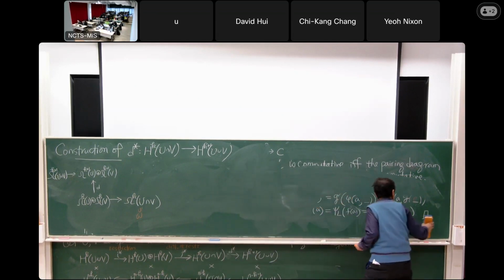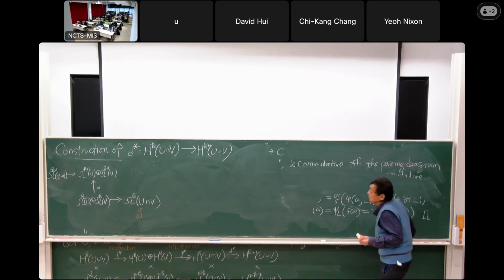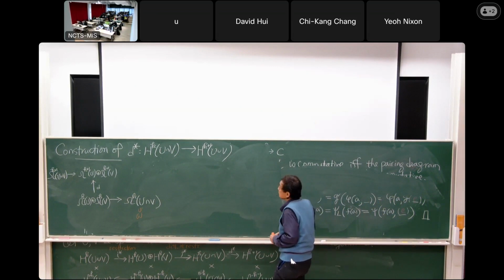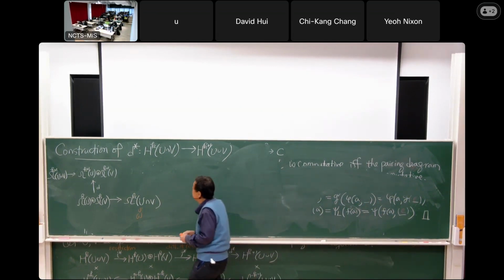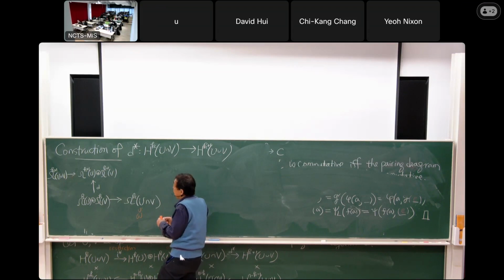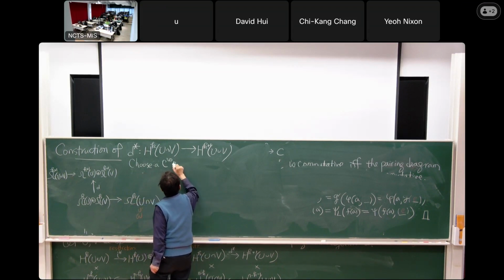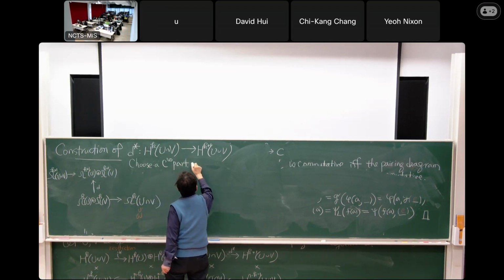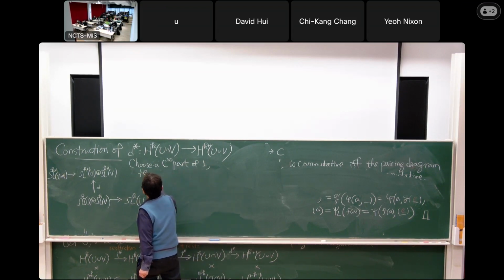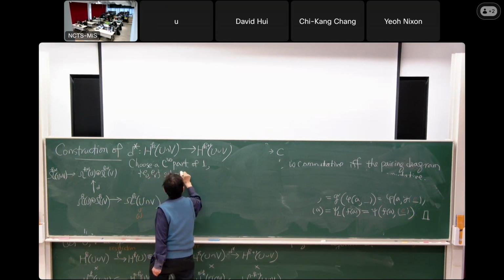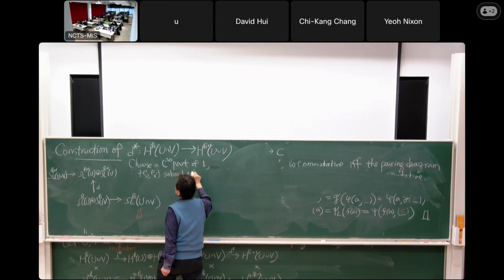What is the form on U? Oh, well, you have to choose a partition of unity. Right. Choose a C infinity partition of 1, rho_U, rho_V, subordinate to U, V.